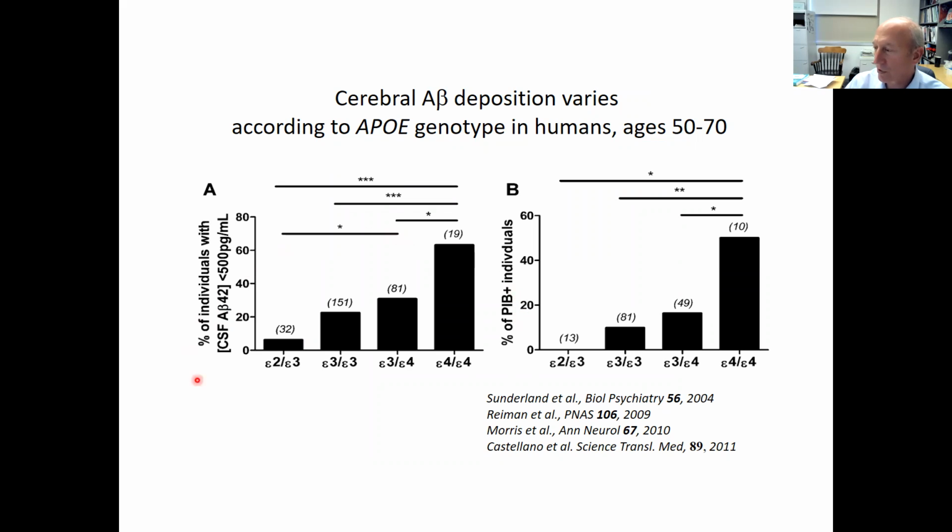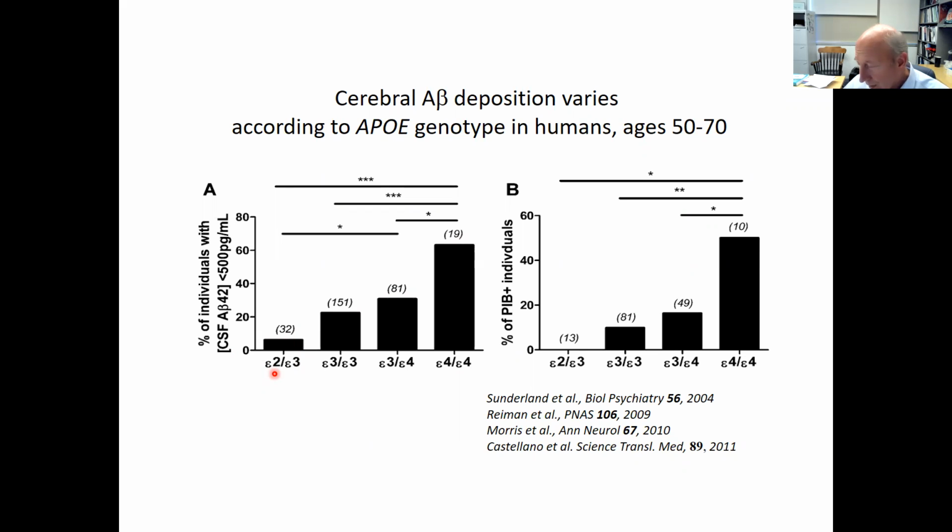So if you focus on the CSF data, what you can see is that of those that were E44 at a mean age of around 60, already about 65–70% of those people had amyloid in the brain. And those that had one copy of E4, it's about 30-something%. Or E33 around 20%, and if you had an E2 allele, very few of those people had amyloid deposition.